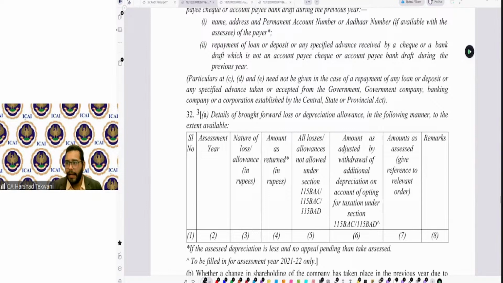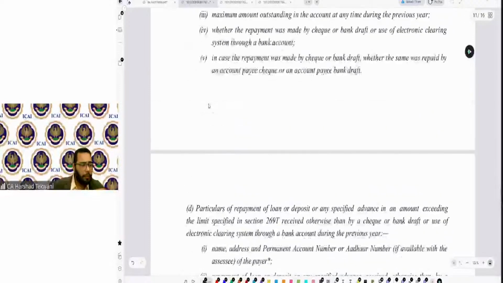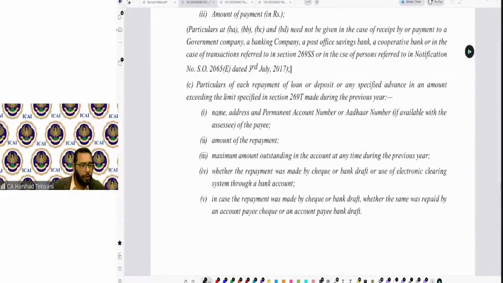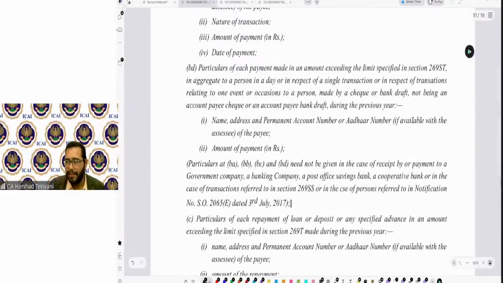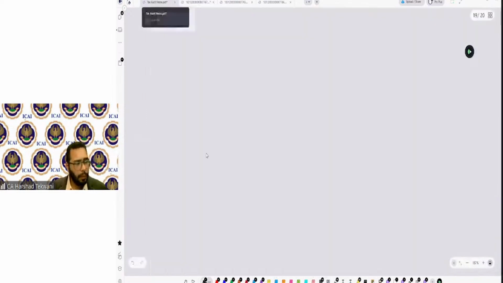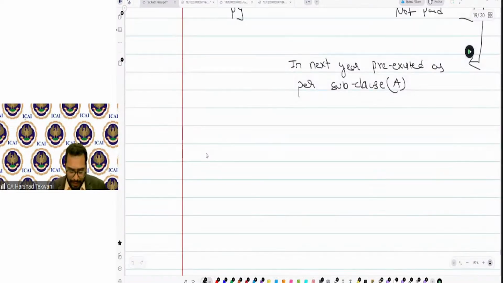Basically, when I talk about clause 31, it revolves around sections 269SS, 269T, and 269ST. All these things are covered under these clauses, 31A to D. So I'll summarize over here.